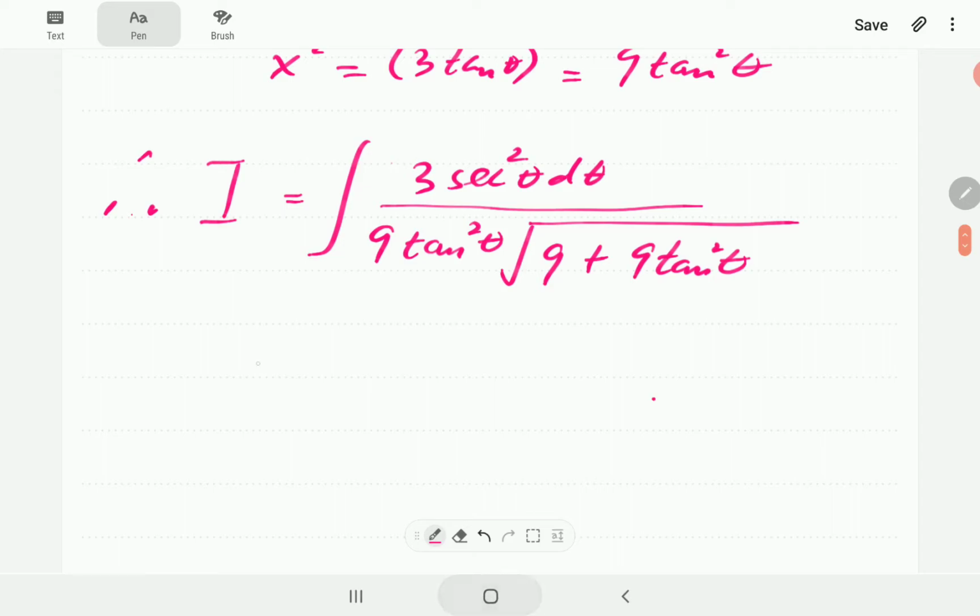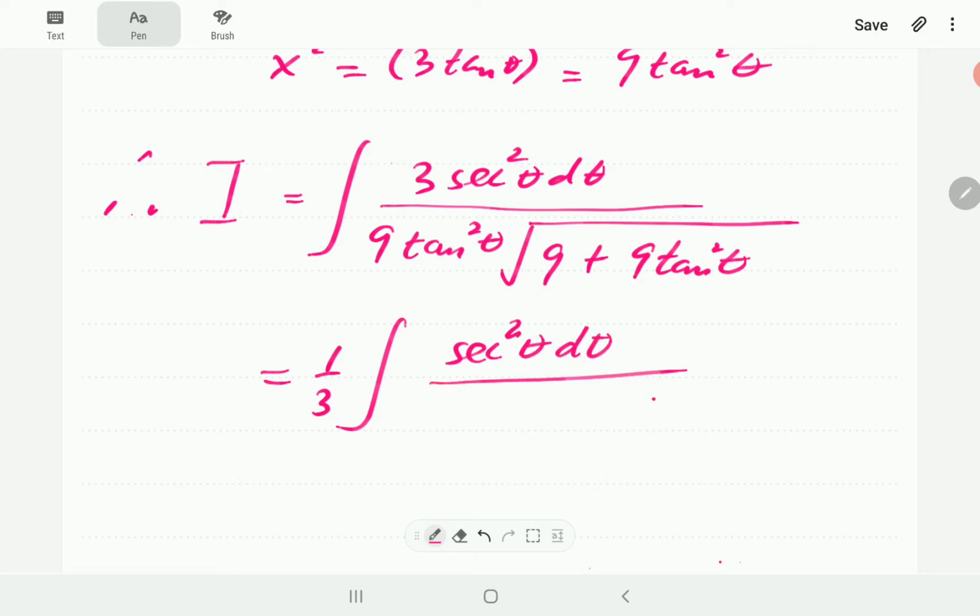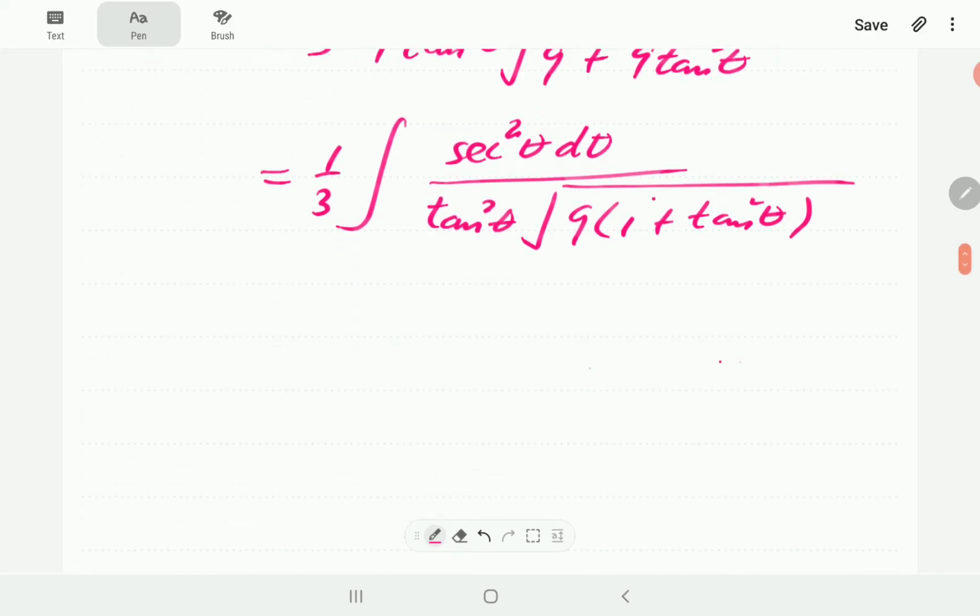Alright, the 3 over 9 we can take outside the integral sign as 1/3. So we still have secant squared theta in the numerator and tangent squared theta in the denominator. Then in the square root, if we factor out 9, this is going to be 1 plus tangent squared theta.